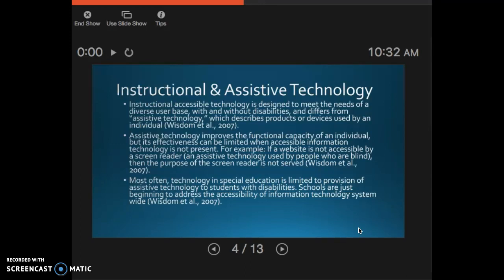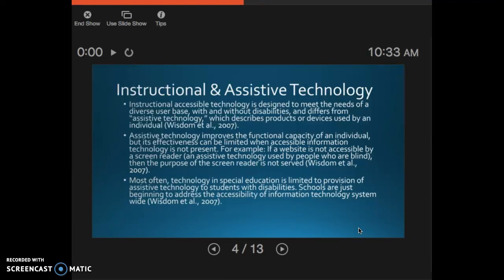Most often, technology in special education is limited to provision of assistive technology for students with disabilities. Teachers just say, oh, he has a device and he should be okay and good to go. But if he doesn't have the device accessing the instructions, then the point of the assistive technology is not served.